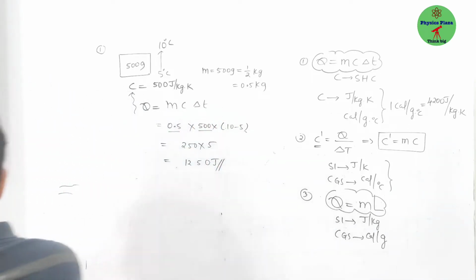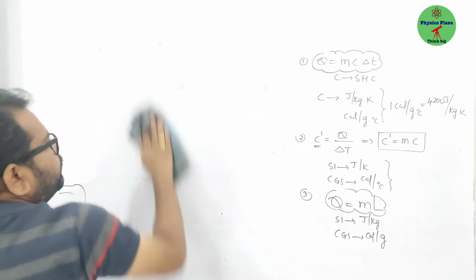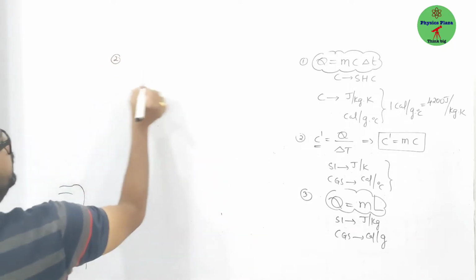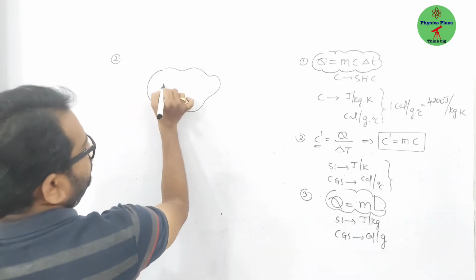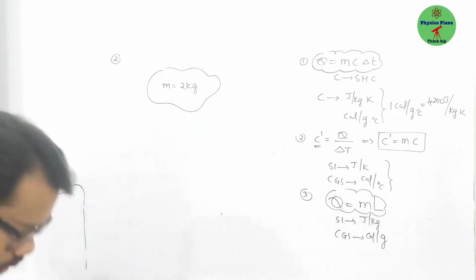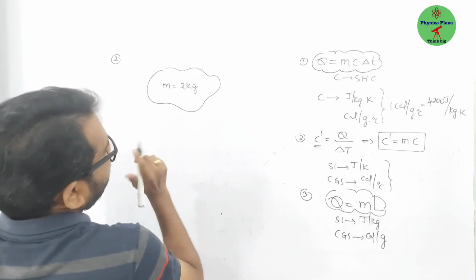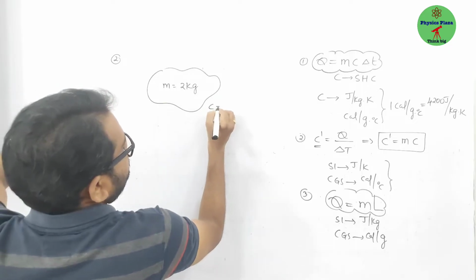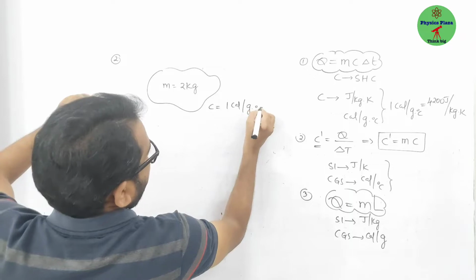Got it, children? Fine. Now look at here. One more formula let us take. Numerical 2, children. Here a body is given, of mass 2 kg, and its specific heat capacity is given, c is equal to 1 calorie per gram degree Celsius.